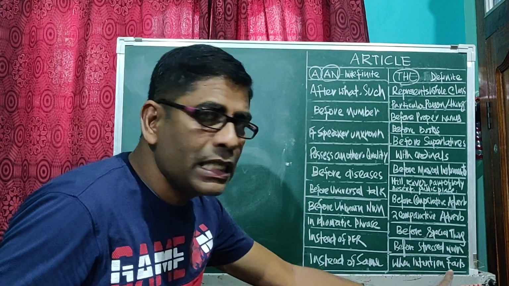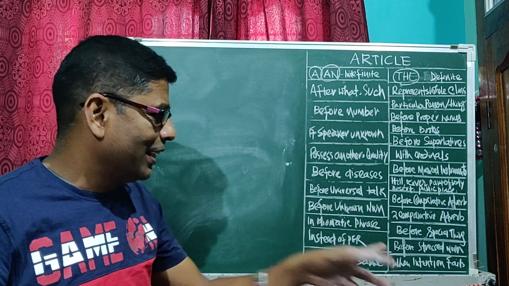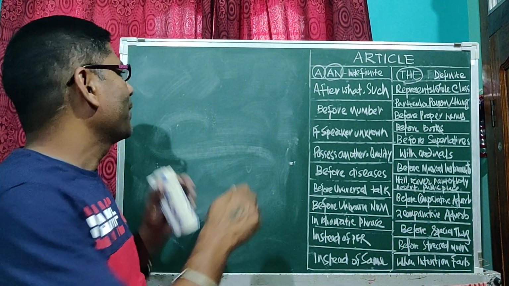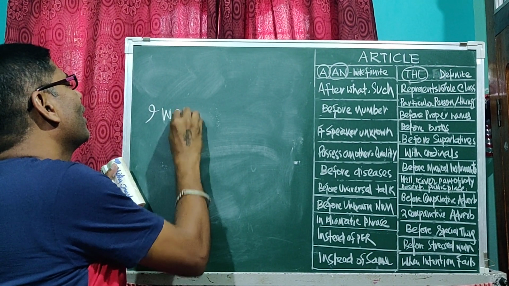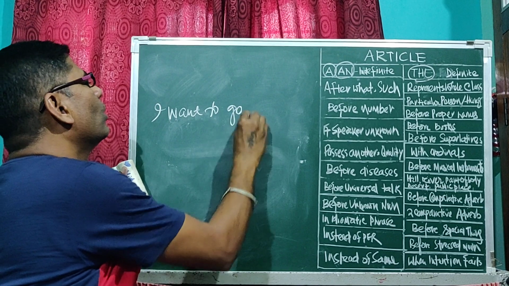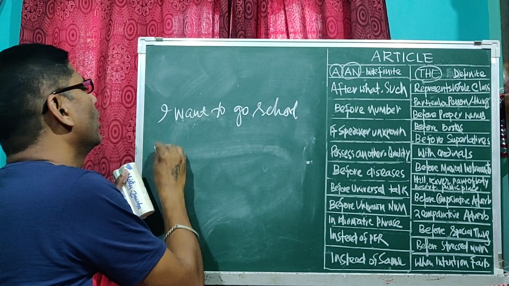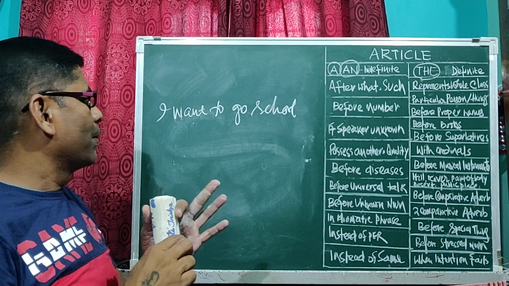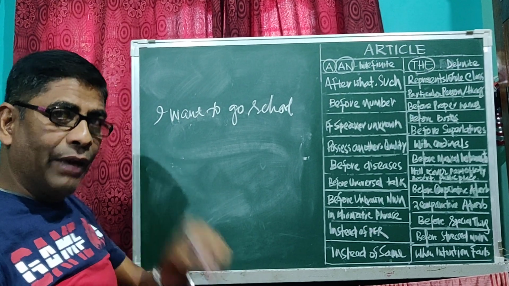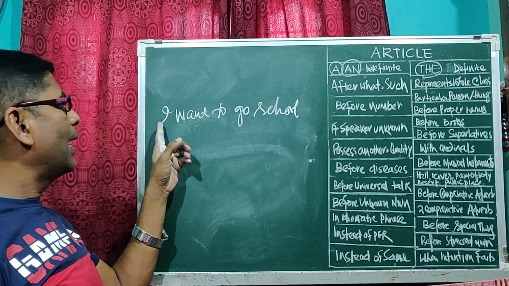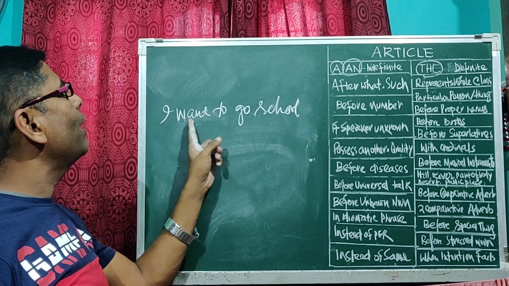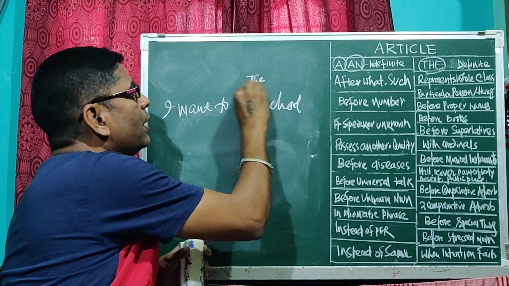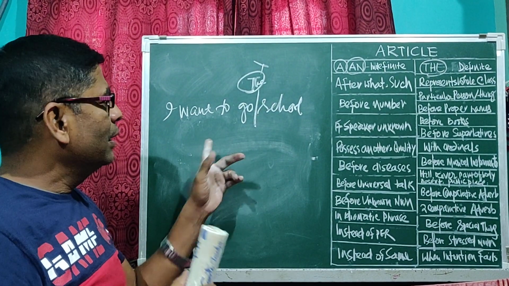Last, when the intention fails, this is very interesting. When the intention fails, we have to use THE. For example, I want to go to school. Suppose I am a student. If I want to go to school, I will say, I want to go to school. We need not put THE here because there is an intention.